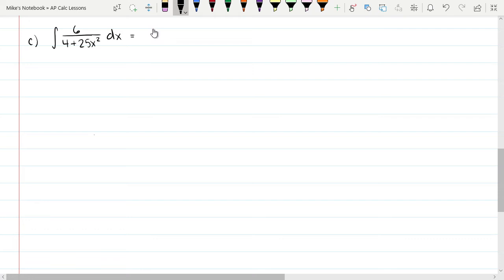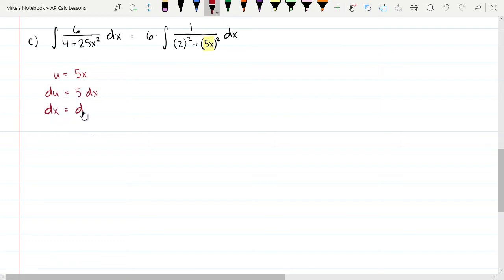So I'm going to rewrite this as the 6, I'm going to bring out in front, times the integral of 1 over, remember 4 is really 2 squared, plus, and then 25x squared is really 5x quantity squared dx. And so that means now we know that 5x must be our u. So u equals 5x, so du equals 5 dx, or in other words, dx equals du over 5.